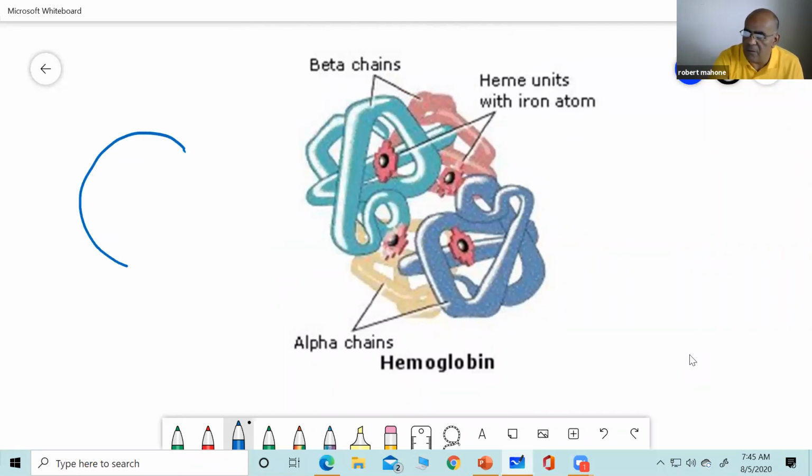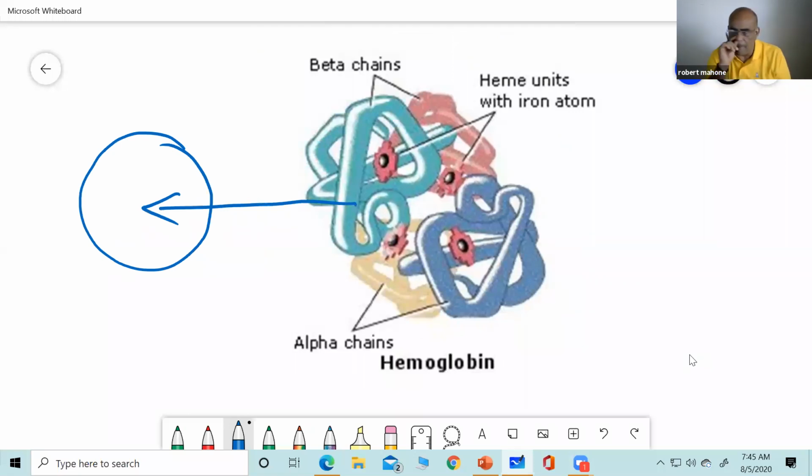So the red cell. Think of it, boom, red cell with this thing inside there. That's why the red cell has no nucleus. The red cell has no nucleus. There's no room for one.